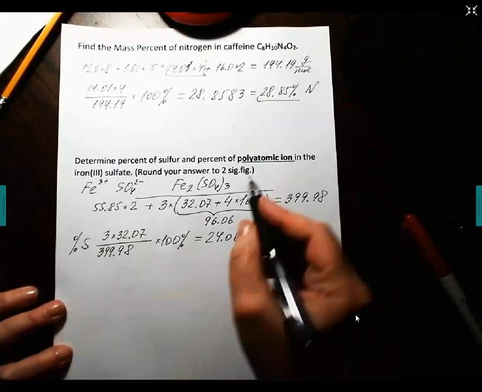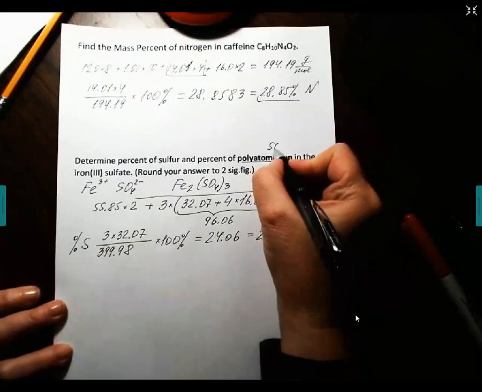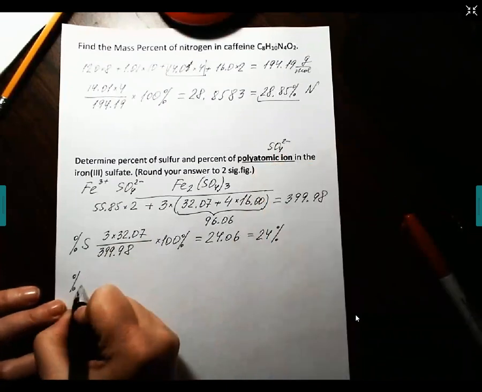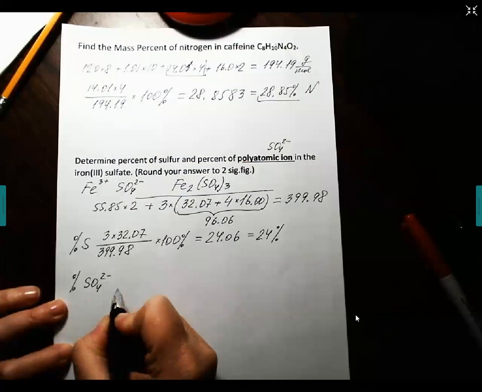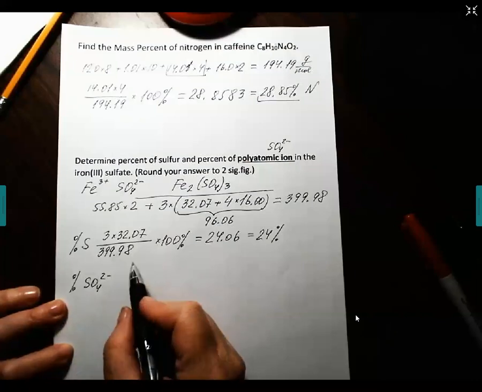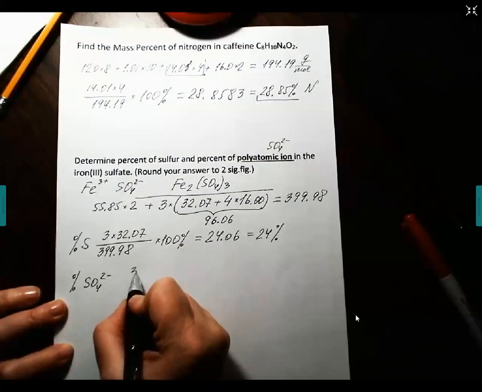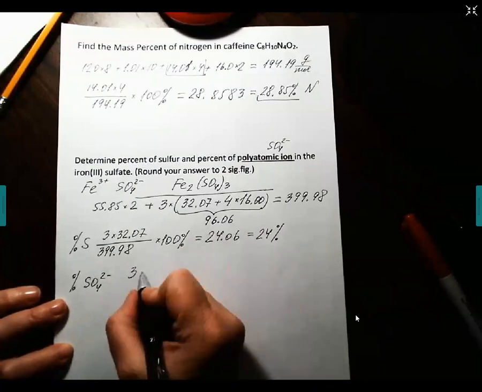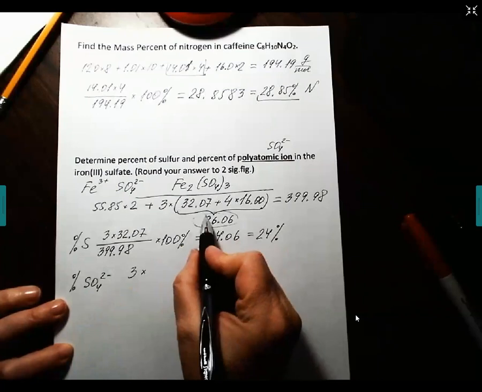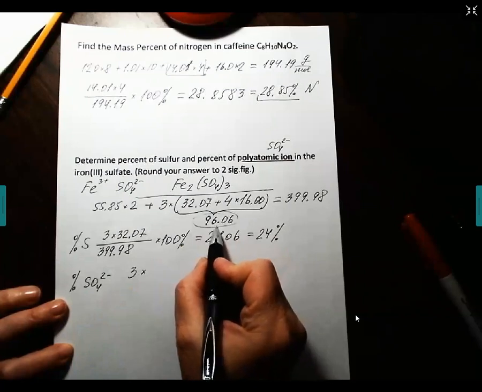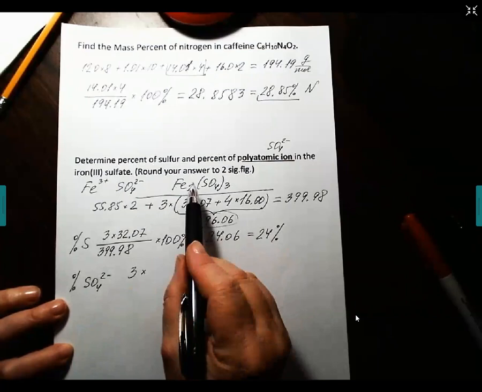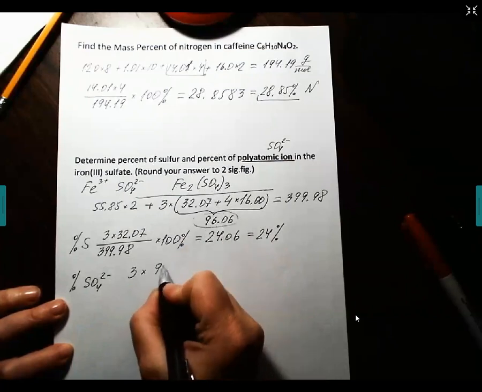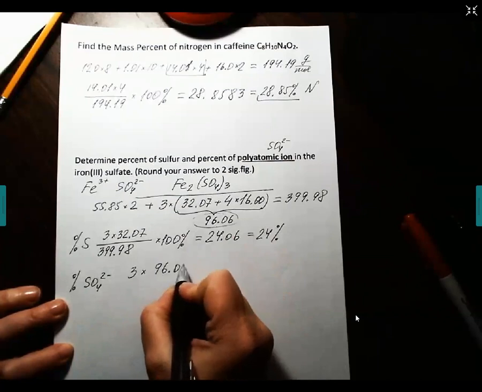Now the percent of the polyatomic ion, which in this case is SO4 2 minus. The percent of SO4 2 minus will be equal to, we know we have 3 sulfate ions in one formula unit, so it's going to be 3 times, and here we are using the molar mass of sulfate ion, 3 times 96.06.